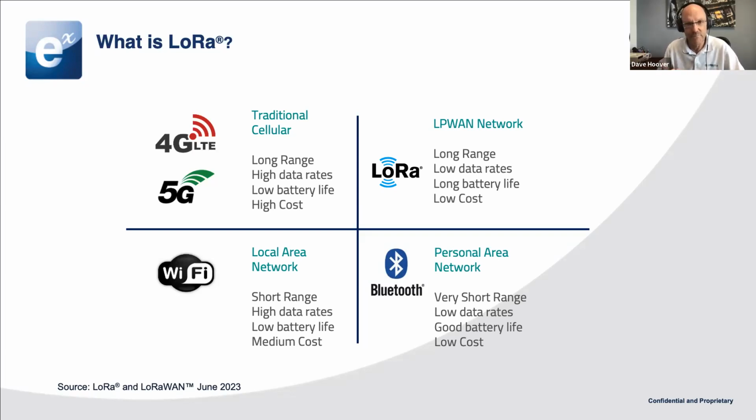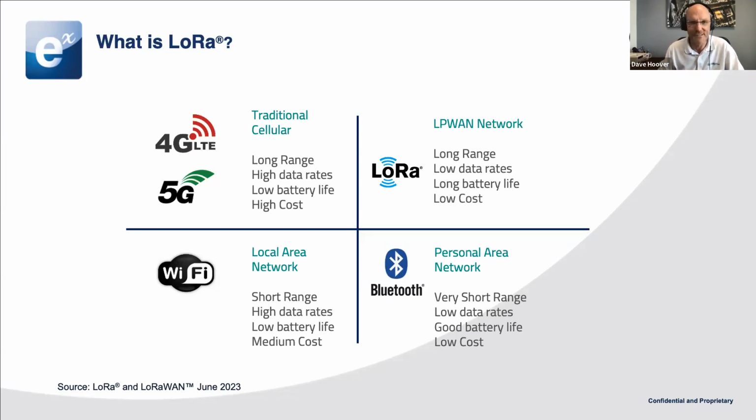Obviously, there are different levels of cellular connectivity that you could choose from. There are the higher category LTE devices, for example, where you can do video streaming and things like that, all the way down to very specialized low bandwidth cellular communications like LTE Cat-M, for example, or narrowband IoT.